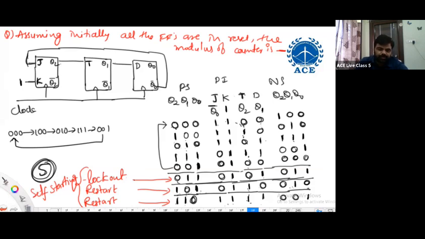Lockout is a problem. Yeah, we can design, Jaswant. Starting state may not be 0, 0, 0. We can start. Lockout is not self-starting. Ajay, I will discuss once again about that.